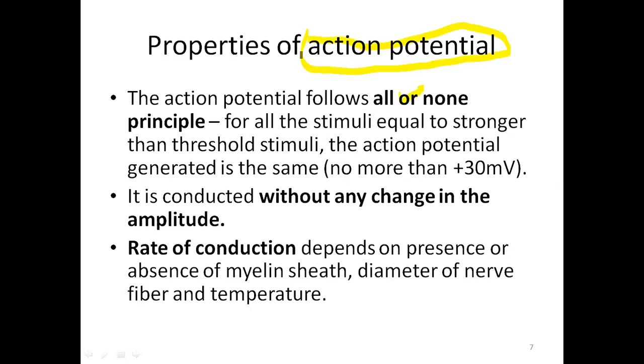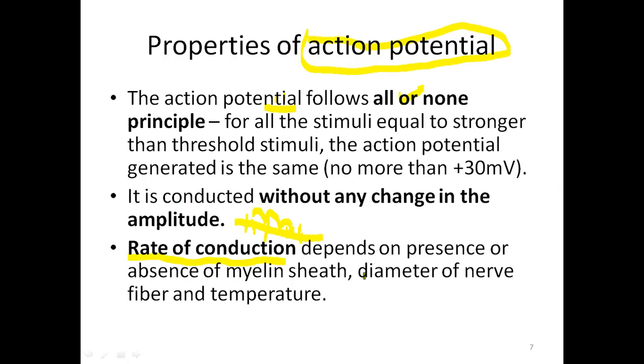Now, once the action potential is generated, it starts moving from one region to other region without change in its amplitude. So the movement of the action potential is without change in its amplitude. Now, what about the speed of conduction or rate of conduction?